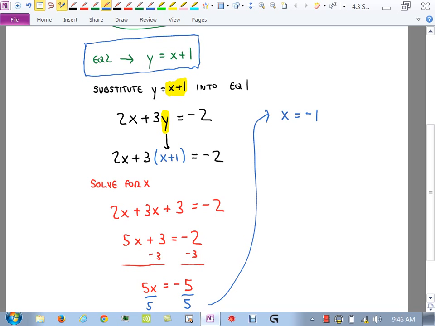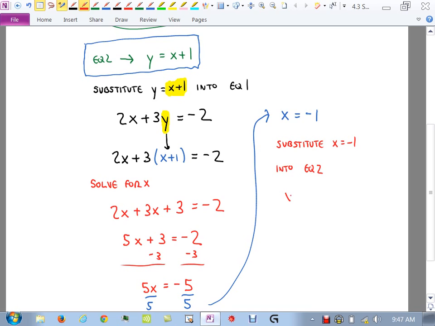We substitute twice in here. We substitute that answer into that equation, and that will give us y. So now substitute x equals -1 into equation 2.